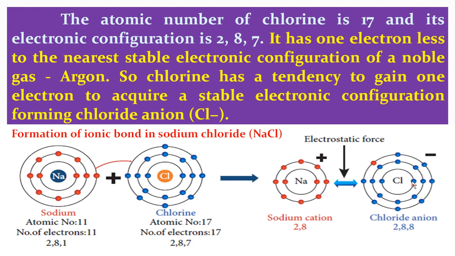The chlorine atom gains 1 electron to form a chloride anion. Why does it become Na plus? Because the sodium atom loses 1 electron, forming a sodium cation. The chlorine atom gains 1 electron to form a chloride anion.